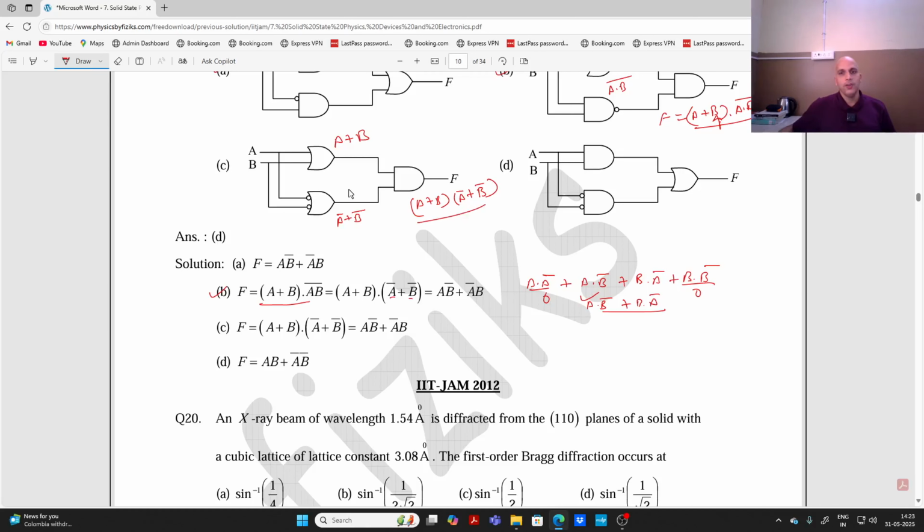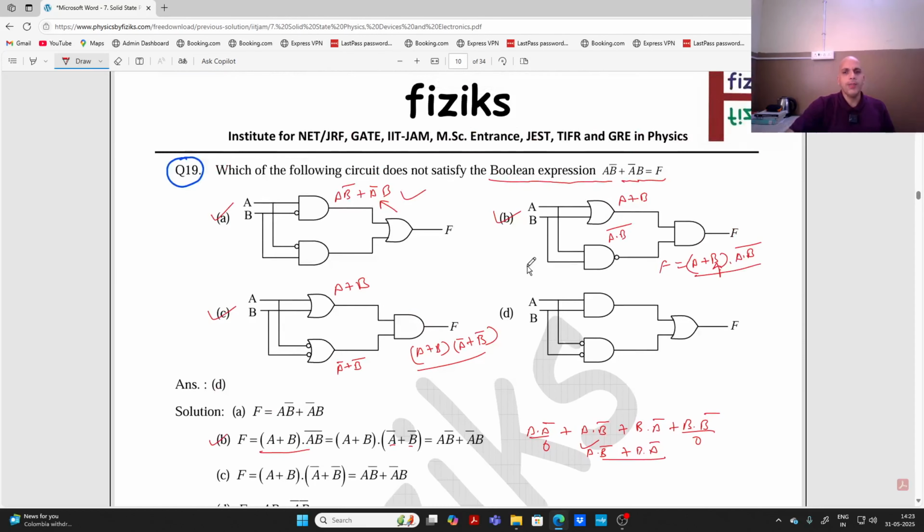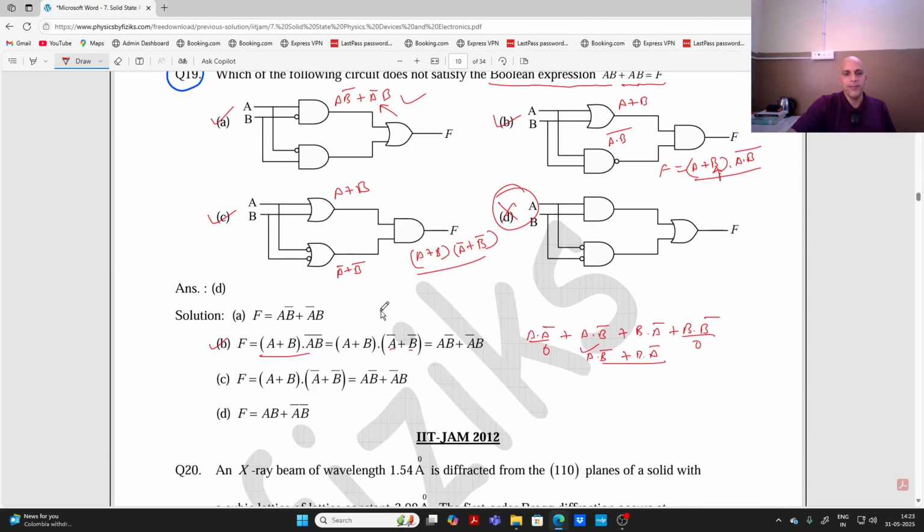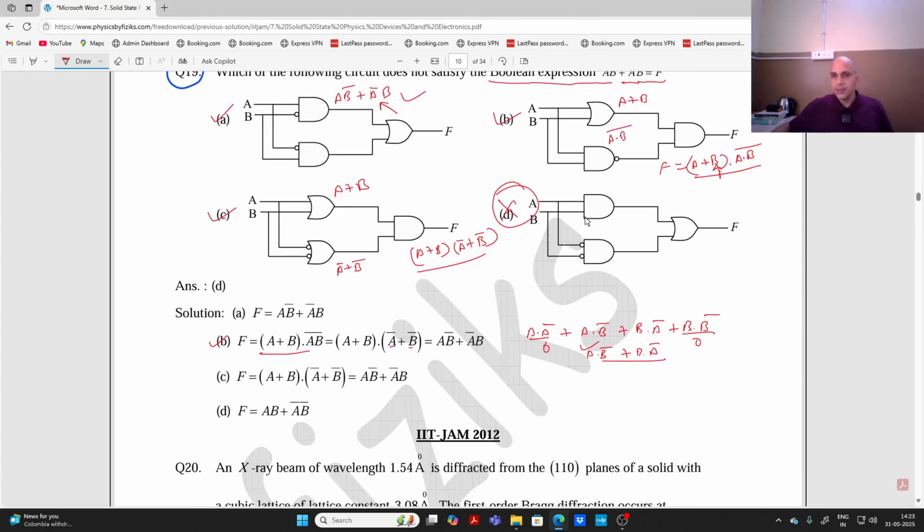So again, when you multiply it, you will get the same thing, right? It means this is also obeying this Boolean expression. So it means the option already detected, D, is not satisfying. So D is the correct answer. You can also find it. They have written here, you can see here, it will become A, B and A naught, B naught, right?